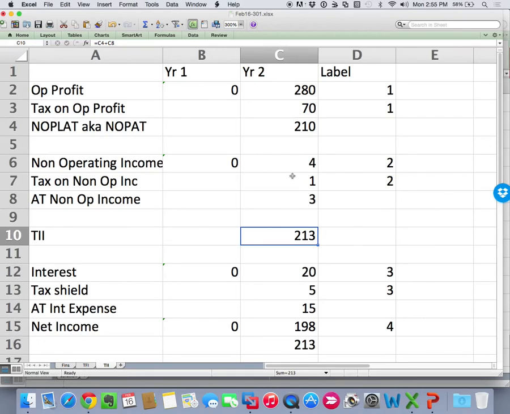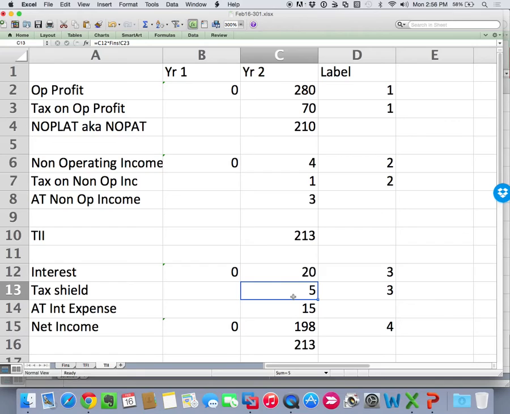So we actually paid more in taxes than what the company actually paid, 71 in taxes. But we have debt, and debt creates a tax shield. How much is the tax shield? 5. What's 71 minus 5? 66. So we still pay the same taxes.